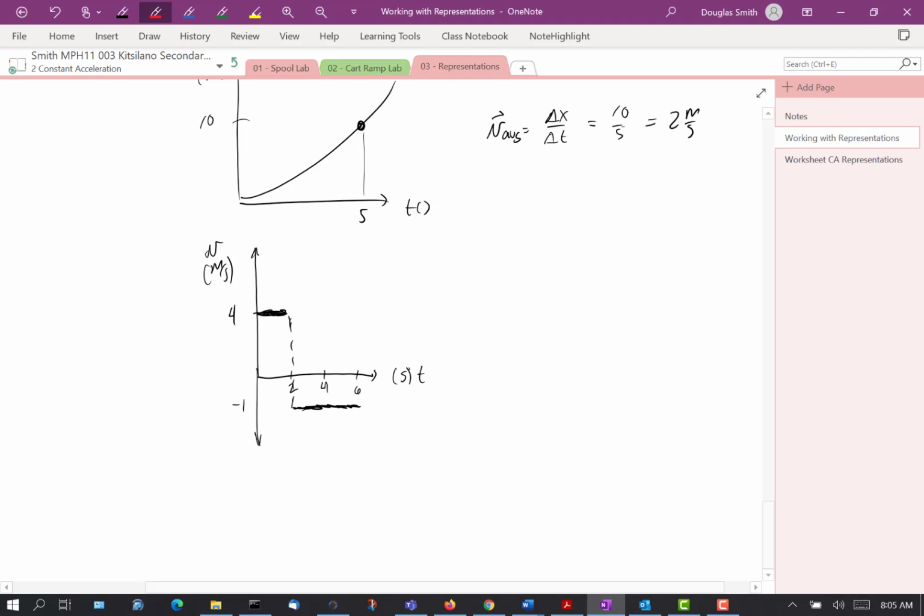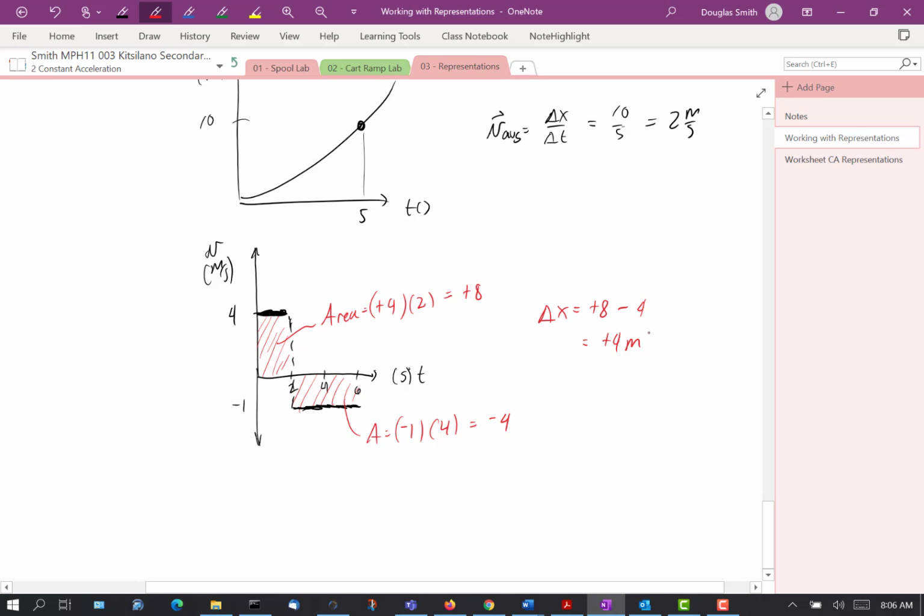So the displacement, once again, is the area between the curve or the graph and the x-axis. So this area is +4 times 2. This area is -1, so you have to consider that's a negative, and this is 4 times 4. So that is -4. This is +8. So the total displacement would be +8 minus 4, so it'd be +4 meters.